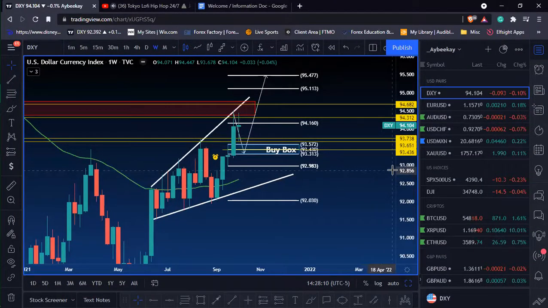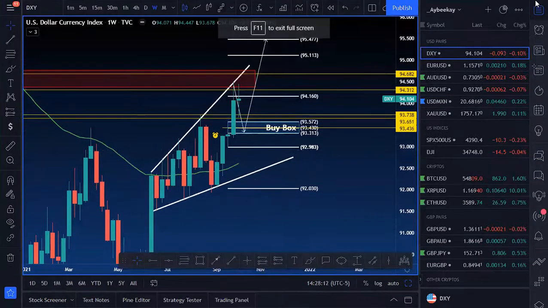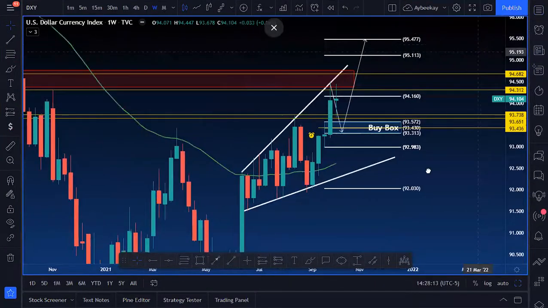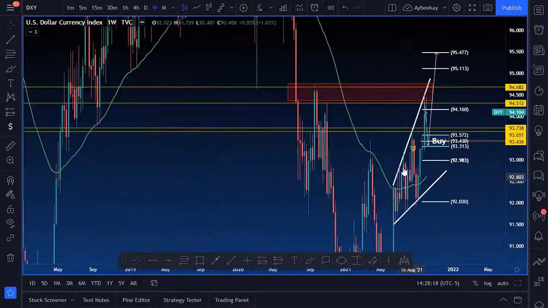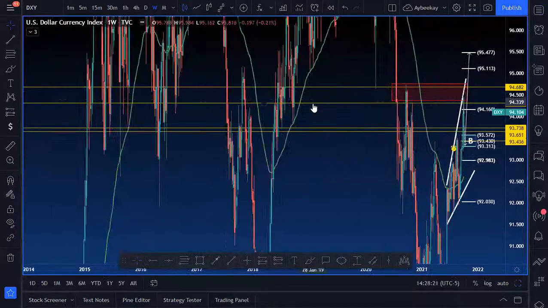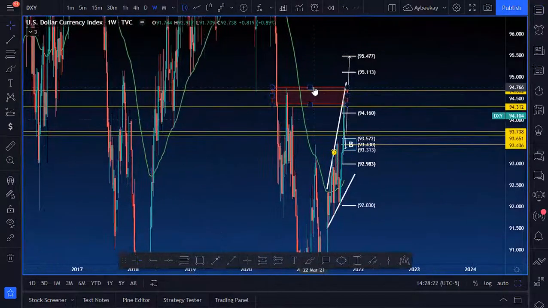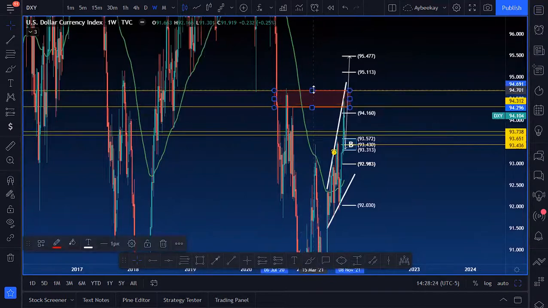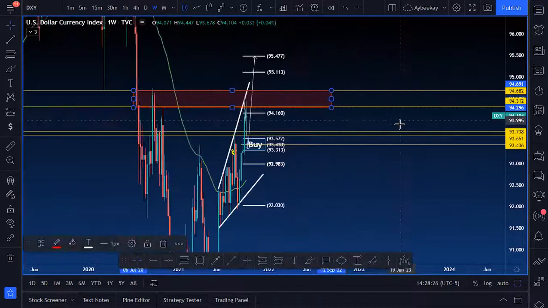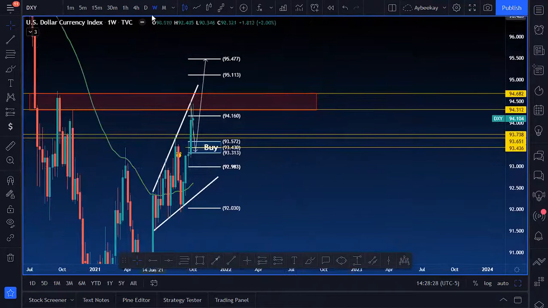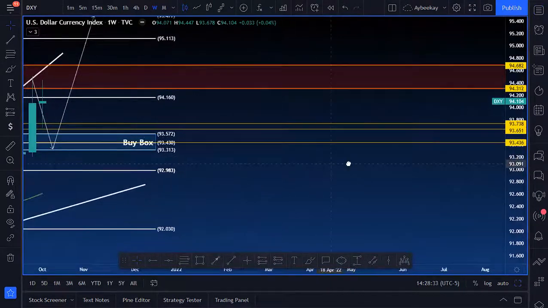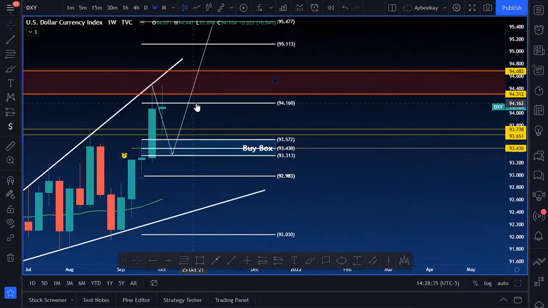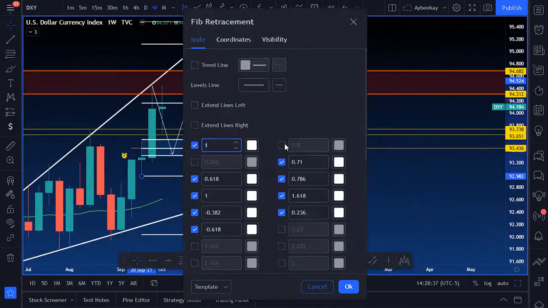So let me go ahead and first full screen that. Okay, so DXY. So DXY had rejected off of this big resistance that I had mapped out, the zone, if you will. On the weekly time frame, the candlestick that printed out wasn't necessarily the best looking, and I need to change this.